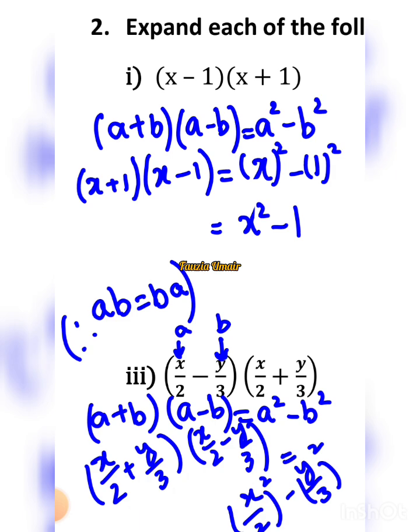So now this is the most important step. If I expand these brackets, what would be the answer? If you expand x by 2 whole square, the answer is x square by 4 minus, y by 3 whole square is y square by 3 square, which is 9.